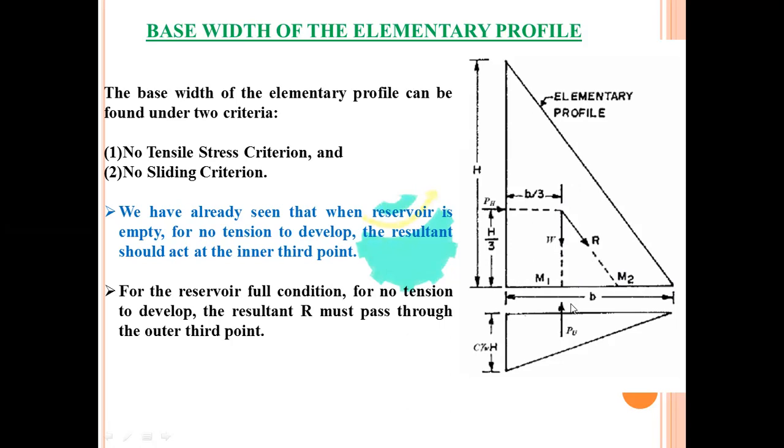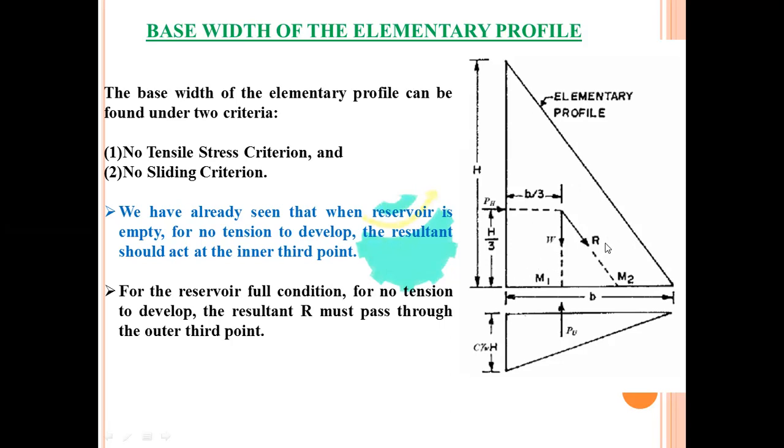That means the base width is divided into 3 parts: the first part is the outer third, this is the middle third, and this is the inner third. So the weight of the dam must pass through the first one third distance, that means heel to M1.